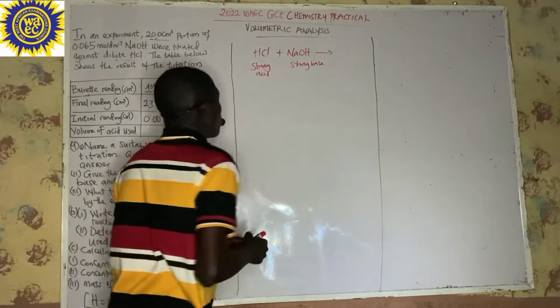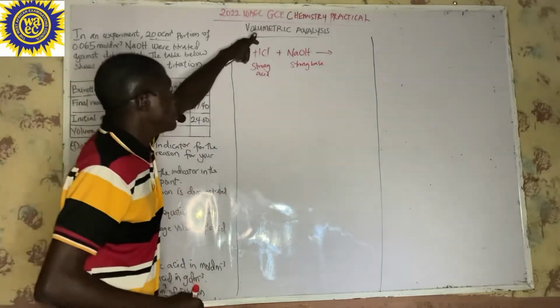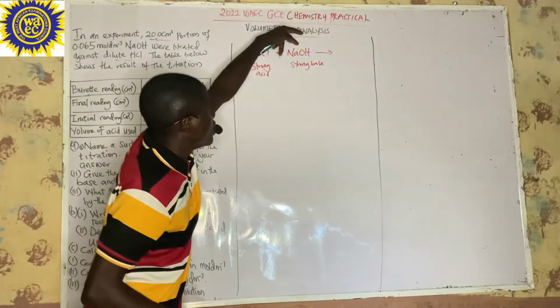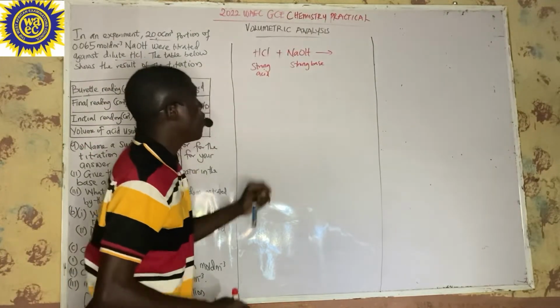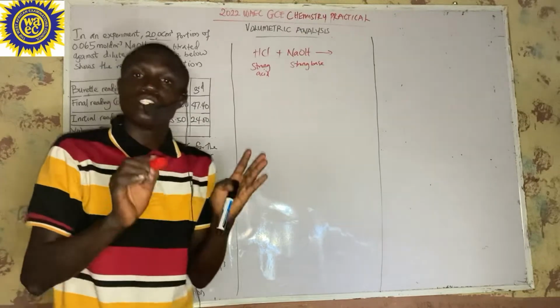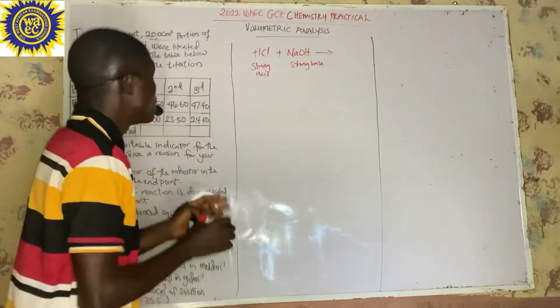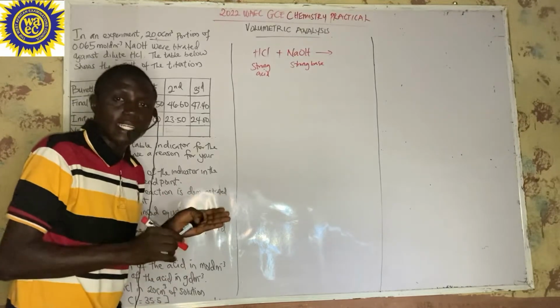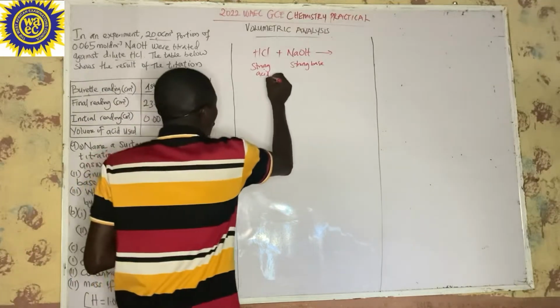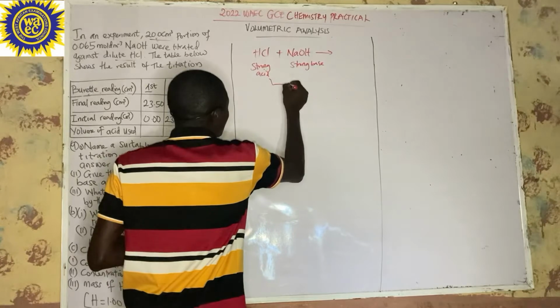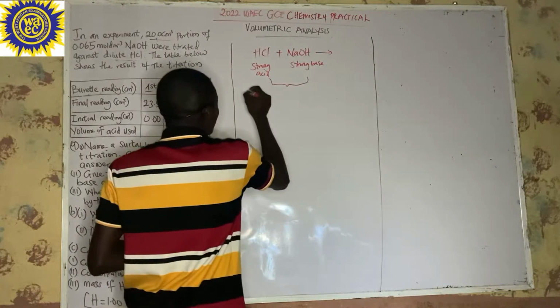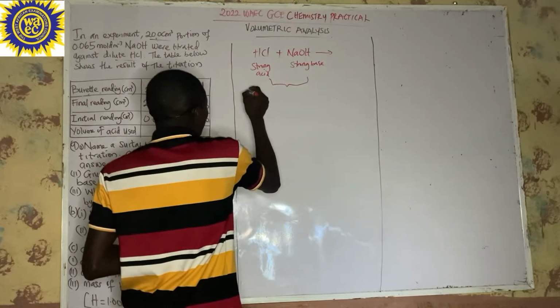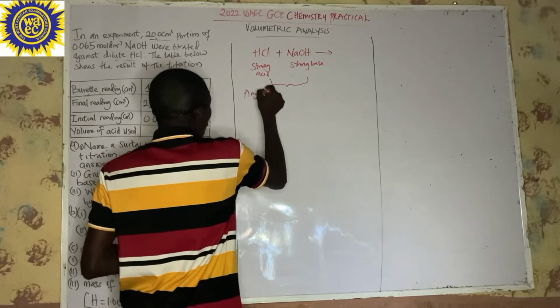Now, based on the fact that this is a strong acid and this is a strong base, any indicator is suitable. Whenever you are having a strong acid and a strong base, any indicator is suitable.